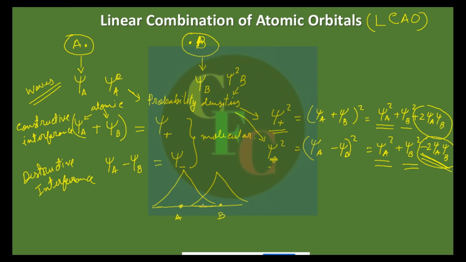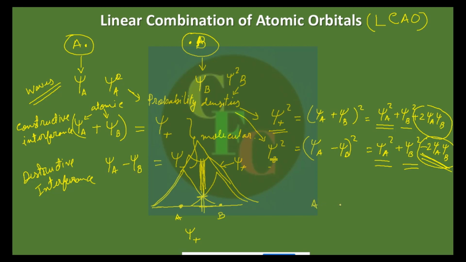So in between we had some density here. Now if you constructively add it, it will just be the summation. Sorry, it will look like this, so this will be our psi plus. See, there is an increase from this amount; we have increased the probability density in between the atoms.